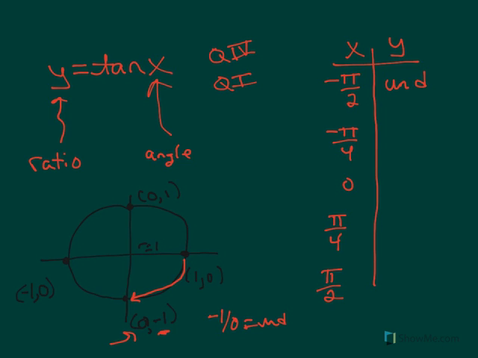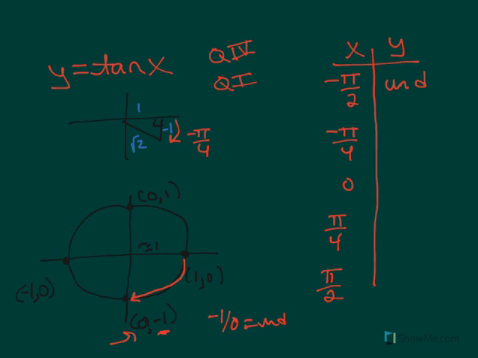This one's going to make a special 45, 45, 90. If we make a quick picture of that, that's going to put you down here if you rotate back negative pi over 4. That's going to be a 1, 1, radical 2, negative on the y.